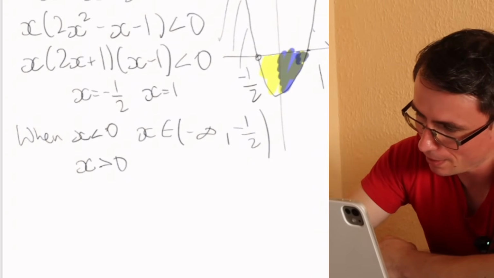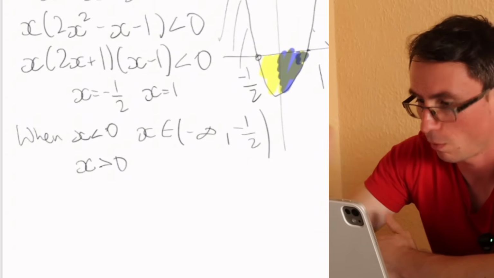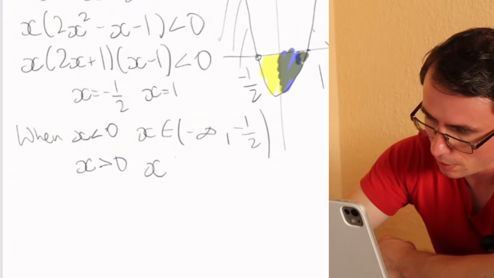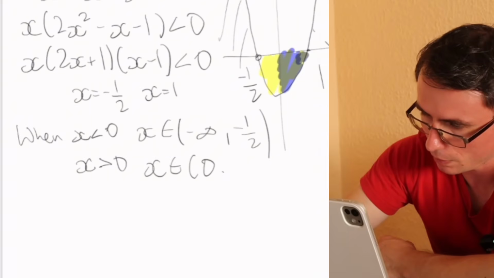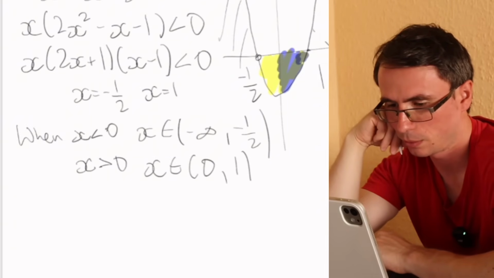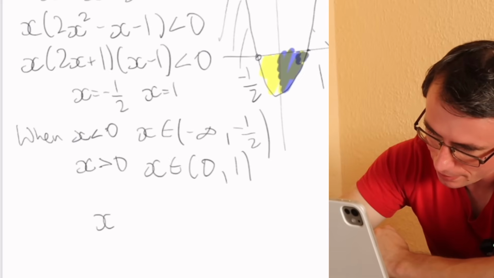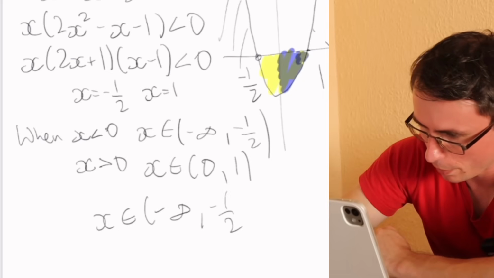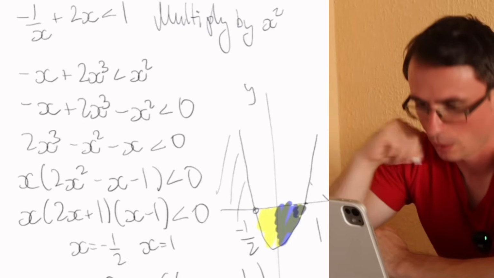So that's between 0 and 1. Okay, that's a nice little interval. So x is going to be between 0 and 1. So between 0 and 1, yep. So x really is in the intersection of these two intervals.